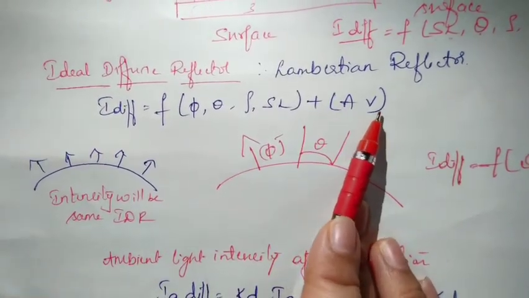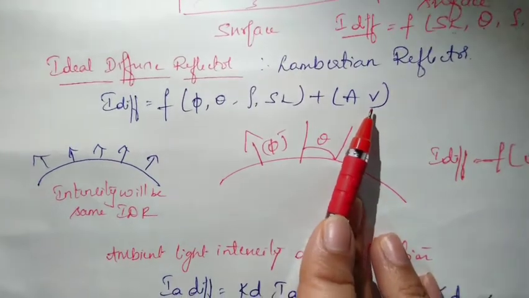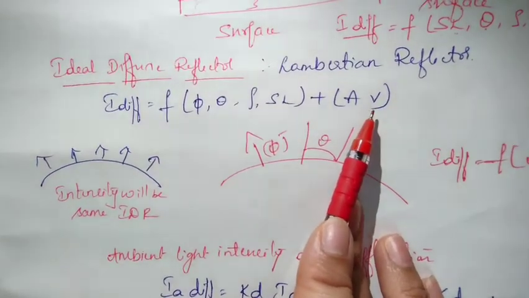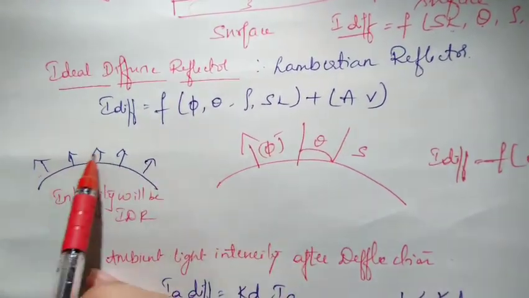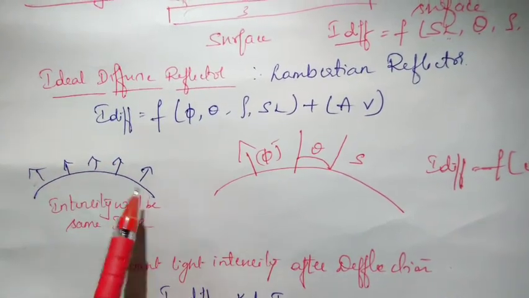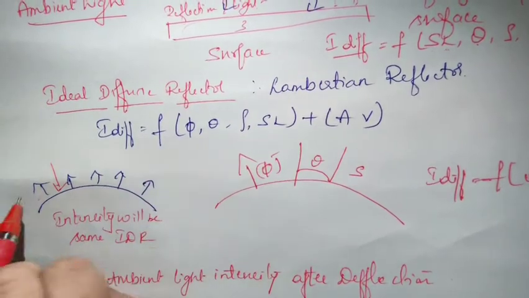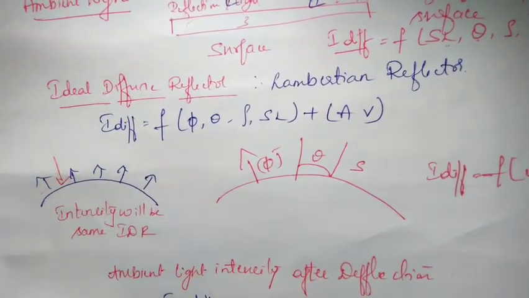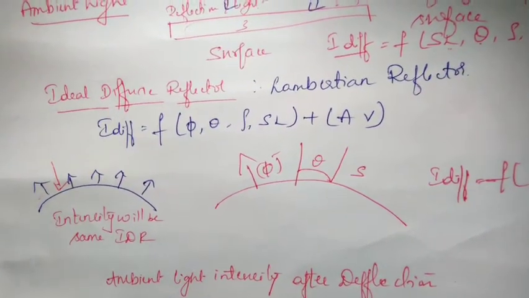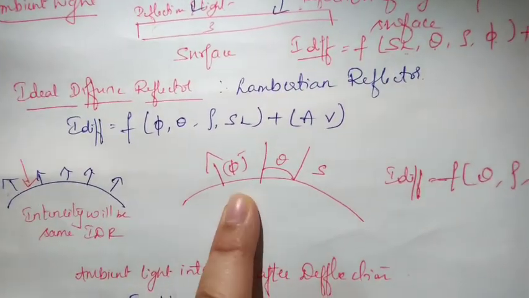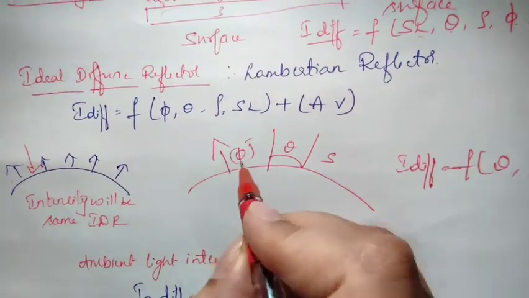Here in the case of the ideal diffuse reflector, the intensity will be the same at all points. When light falls on any object, the intensity of light will be the same in the case of an ideal diffuse reflector. But in the case of the IDR, the ideal diffuse reflector, we neglect this value.